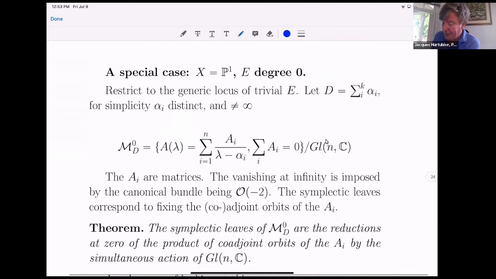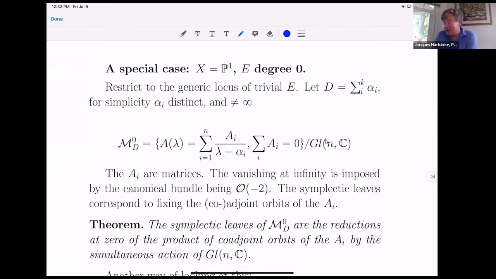The special case that ties in with basically not every integrable system, but a huge number of things that have been studied by a whole bunch of people, is when you take X equals P1. And mostly just take E to be of degree 0. So there's a generic locus for these, which is just the cases when E is a trivial bundle.